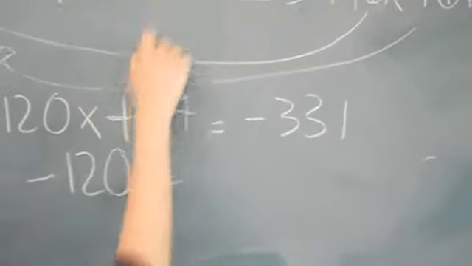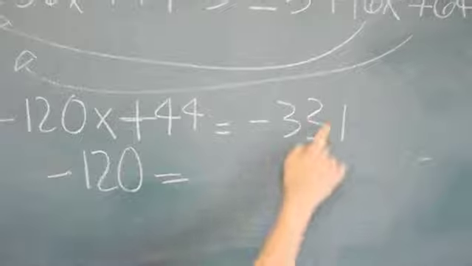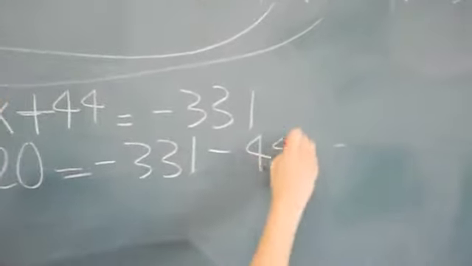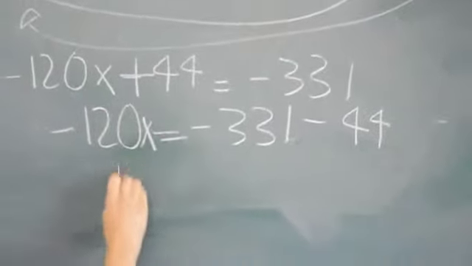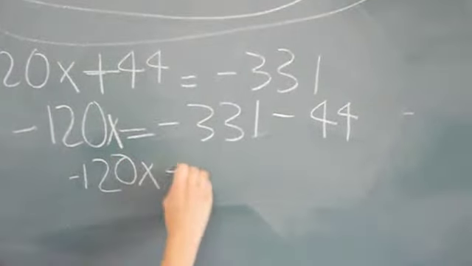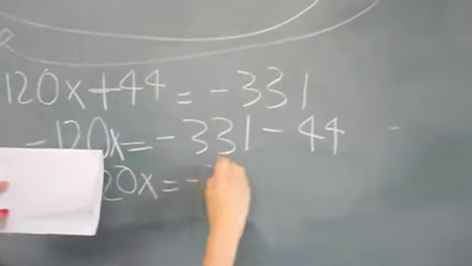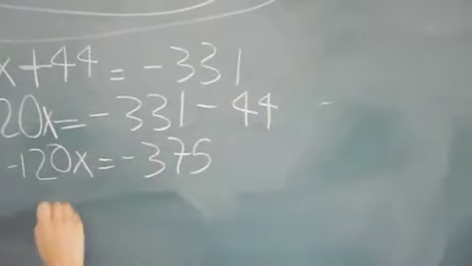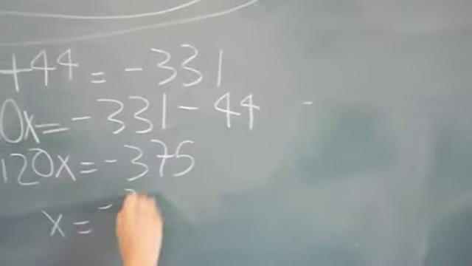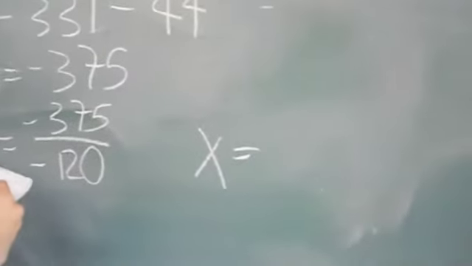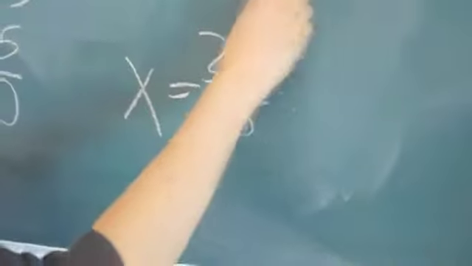This one is positive, so I will pass it subtracting. Negative 331 minus 44 is negative 375 x over negative 375 over negative 120. Negative and negative equals positive. I will divide it by 4, and that is my answer.